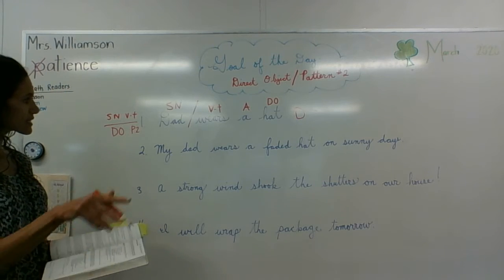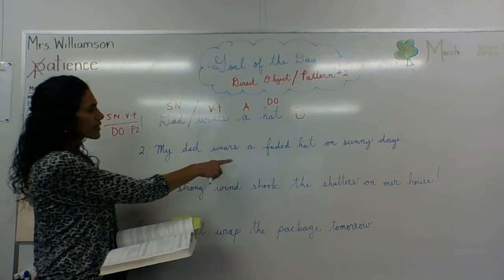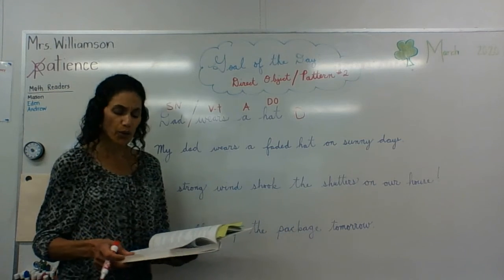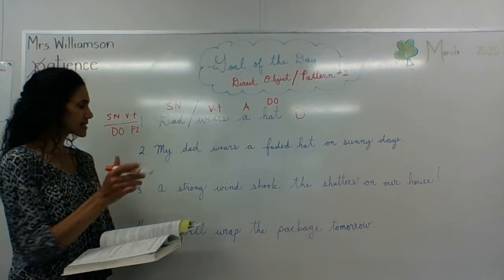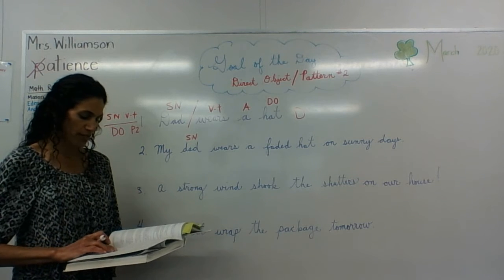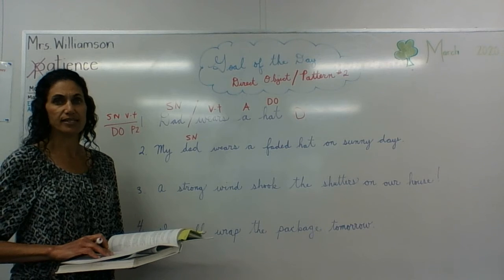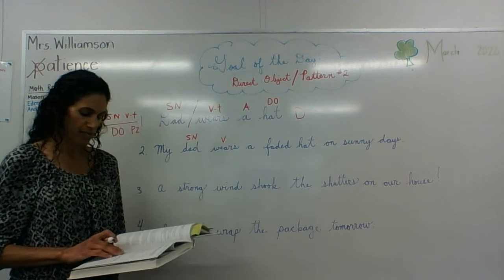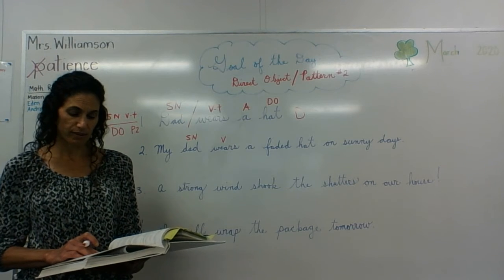First, let's read the sentence. My dad wears a faded hat on sunny days. Who wears a hat? Dad. Subject, noun. What is being said about Dad? Dad wears. Verb. Dad wears what? Hat.